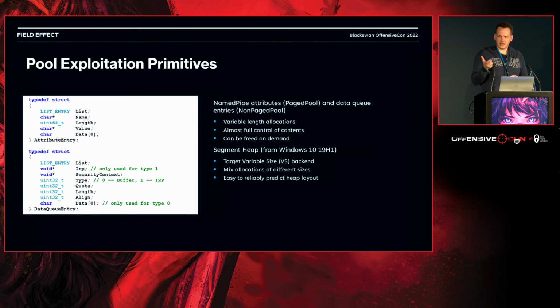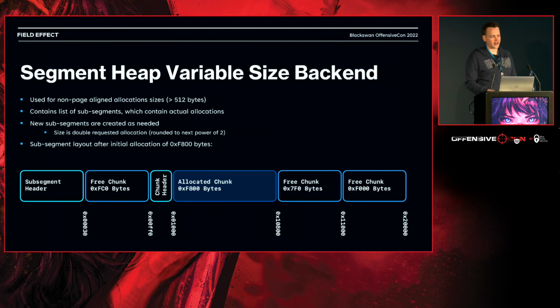Specifically, I was looking at the variable size backend for the segment heap, which lets you mix allocations of a bunch of different sizes. It turned out to be relatively easy to predict and control the heap layout using that. So I'll talk a little about what the grooming strategy was going to be and how to turn this into an exploit.